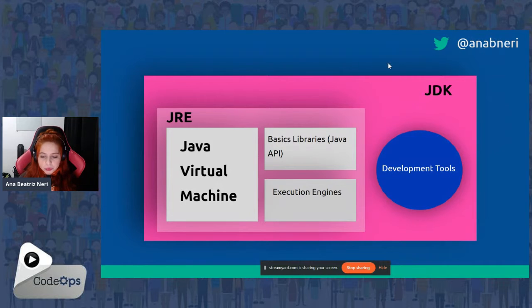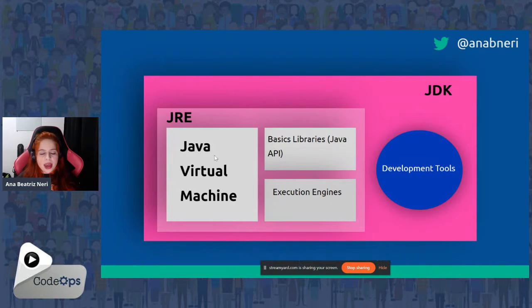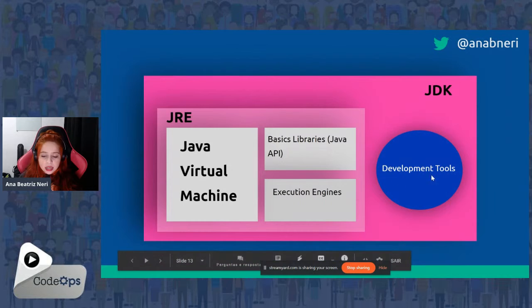The JDK has the JRE inside, and the JRE has the Java libraries, such as methods and other libraries. The Java Virtual Machine is inside this too. It is responsible for running your code and providing the compilation in the end. And in the blue circle, we have the development tools.